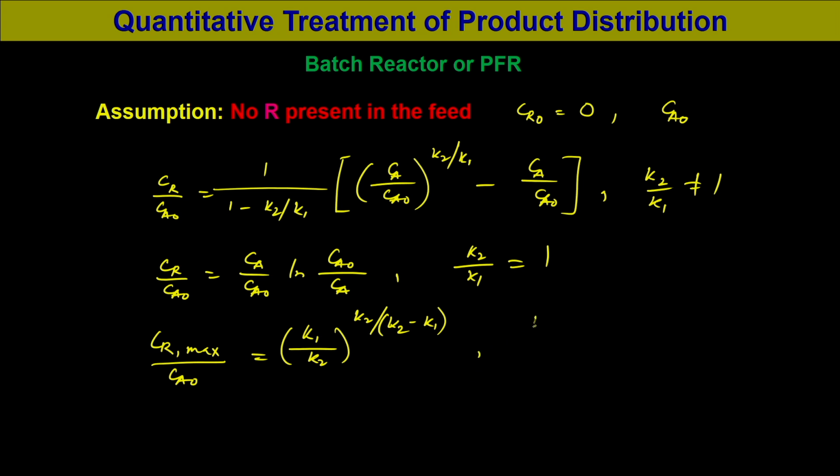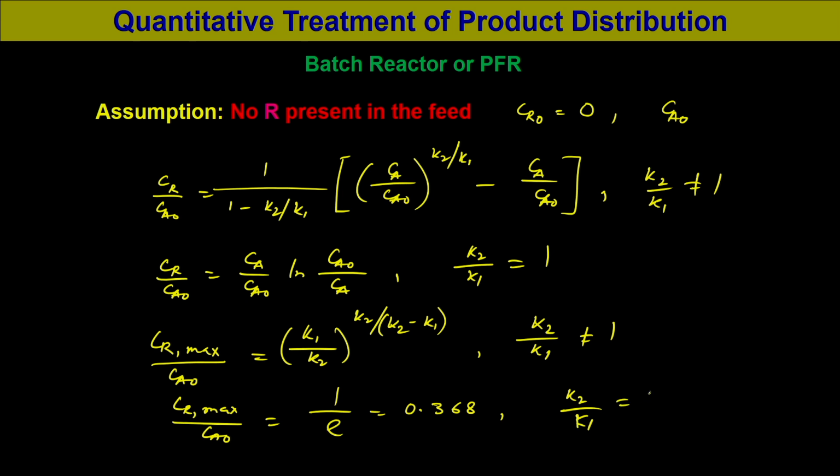This is for K2 by K1 not equal to 1, and Cr max by Ca naught would be equal to 1 by e, which is equal to 0.368, that is for K2 by K1 equal to 1.